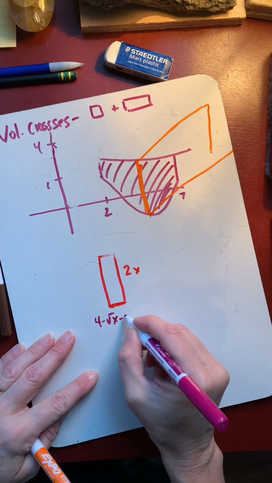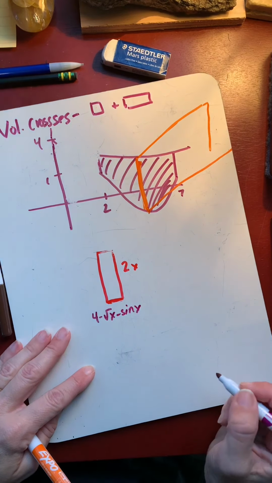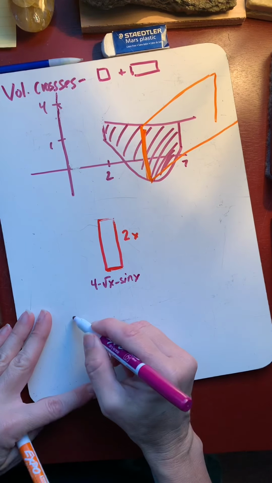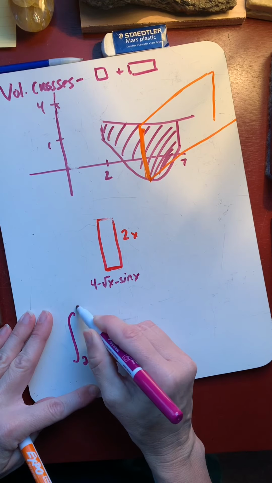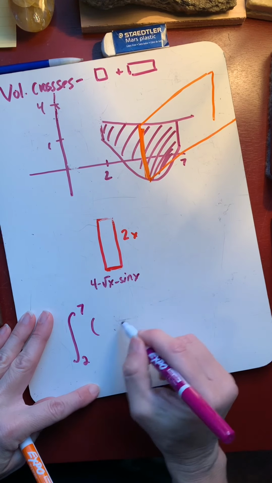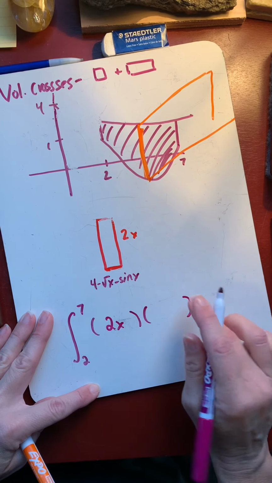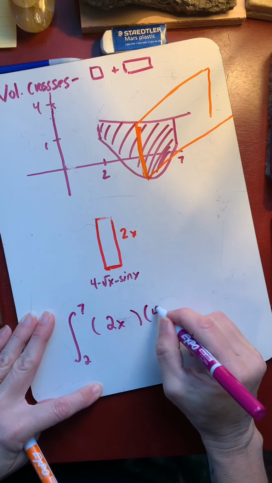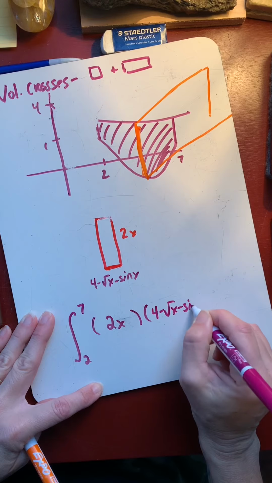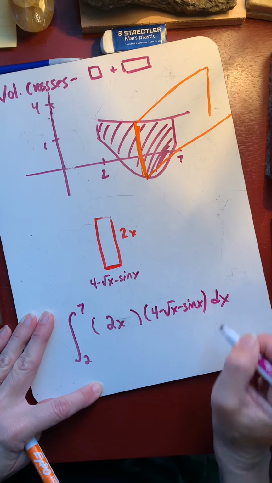The bottom curve is sine x. So there's my rectangle. I want to integrate from 2 to 7 the area of one of these rectangles. So 2x times 4 minus root x minus sine x with respect to x.